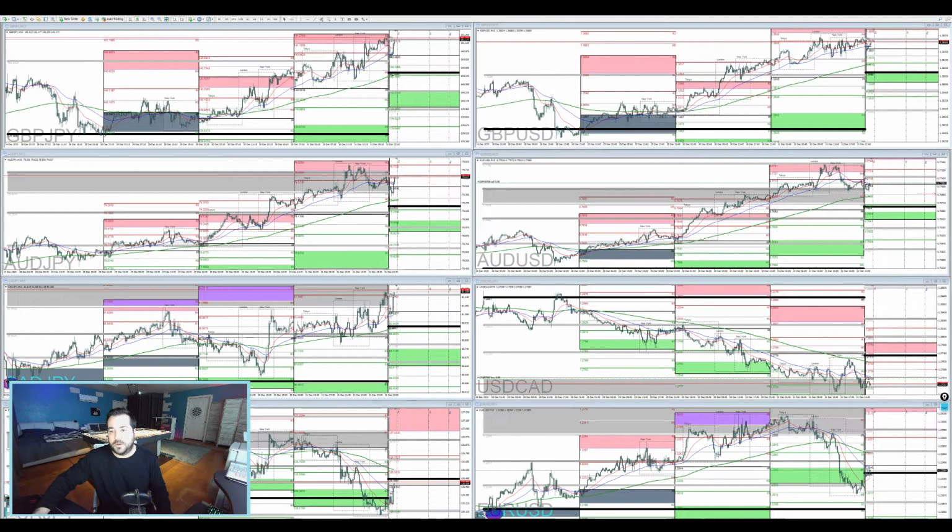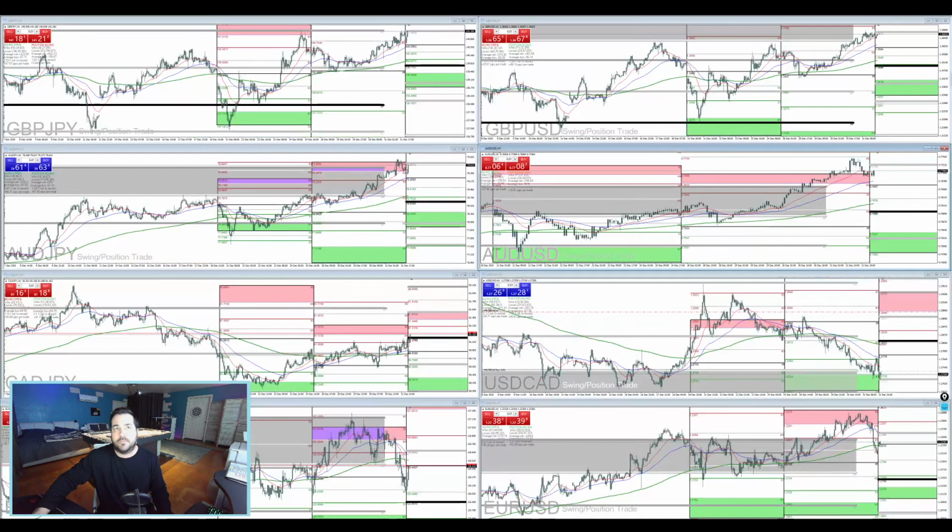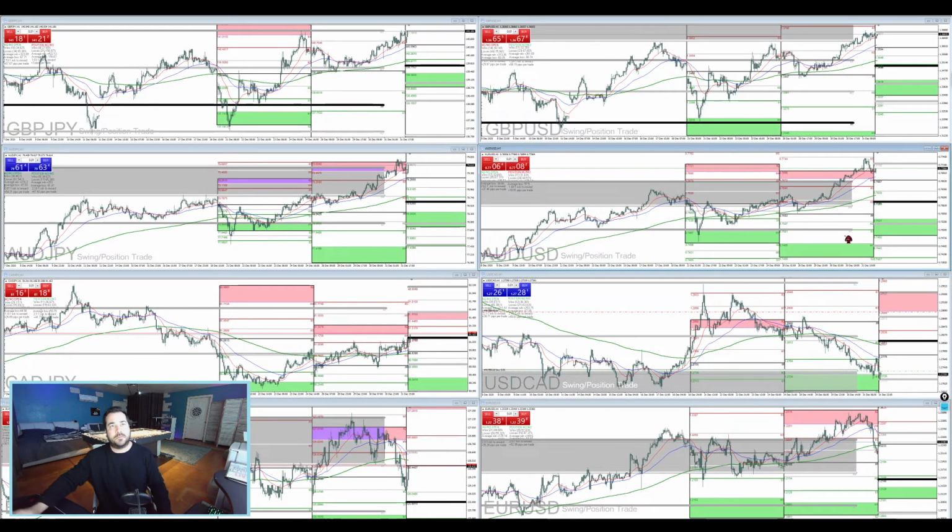It's gonna be my swing trade alert. Okay, there we go. We got that all knocked out. And we'll minimize this. Okay, perfect.